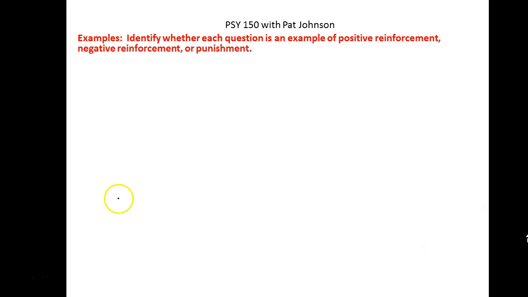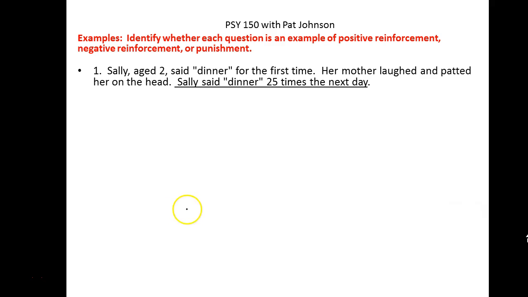All right, so let's go through some examples. Identify whether each question is an example of positive reinforcement, negative reinforcement, or punishment. And these are examples that you would see on your test. Sally, age 2, said dinner for the first time. Her mother laughed and patted her on the head. Sally said dinner 25 times the next day. So, first of all, ask yourself, is Sally saying dinner increasing or decreasing?